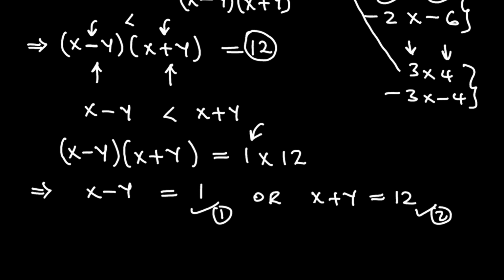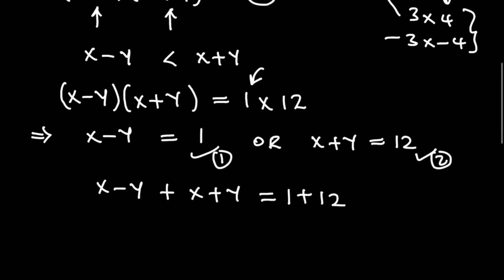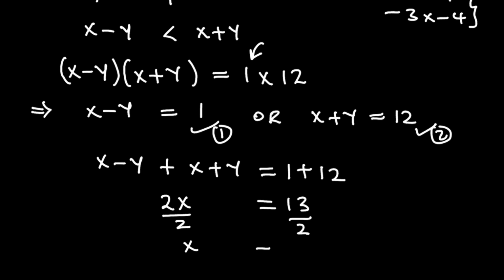If we add up equation 1 and equation 2, it means we now have x minus y plus x plus y. And that's 1 plus 12, which is 13. If we tidy up the left hand side, we have 2x is equal to 13. Divide both sides by 2 gives us x is equal to 6.5.